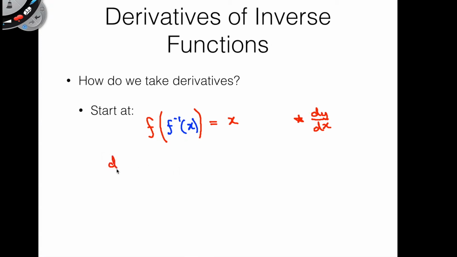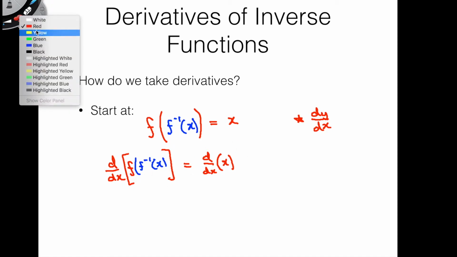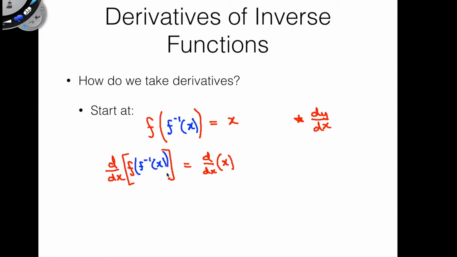All right, so we have d dx of f of f negative 1 of x equals d dx of x, so the derivative of all this in here and the derivative of that piece, that x right there. So that's basically what we've got here.